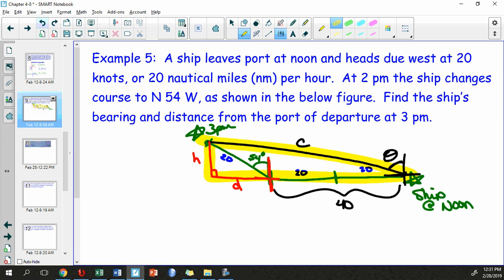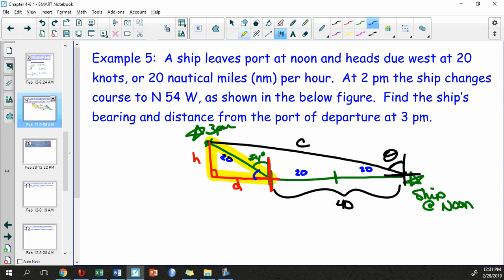The oblique is the actual story problem's triangle. Would you agree? The bigger triangle is what we made, and the smaller triangle is what we're going to solve first to be able to solve the bigger one. So we're going to focus on the smaller triangle first. I need to find the angle right inside here.